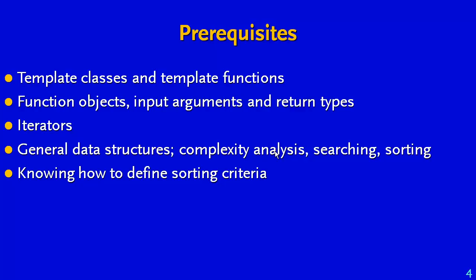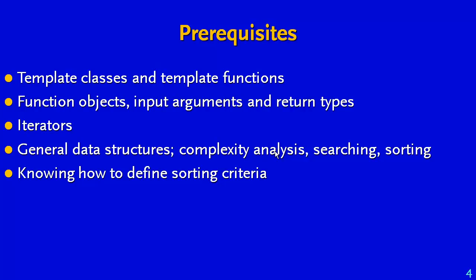Now, what knowledge do you have to have in order to be able to get used to using STL algorithms? First, it's obvious, of course, is that you have to know what templates are, template functions, template classes. So you have to have some hands-on experience. So hopefully you should have the experience at this stage, because you've done a number of exercises, you've seen some of the examples from my range, class, points, plus some others.